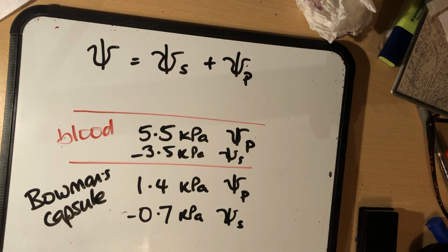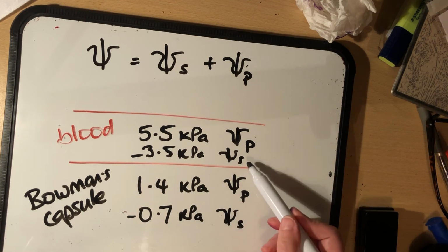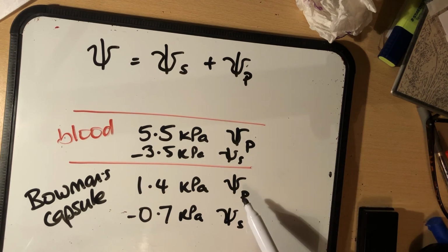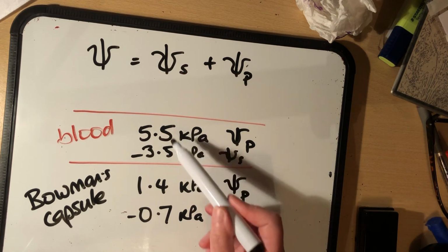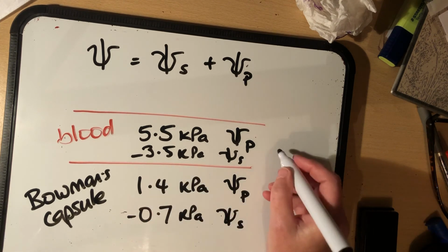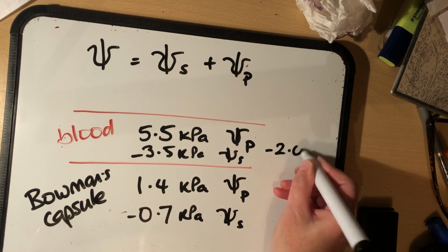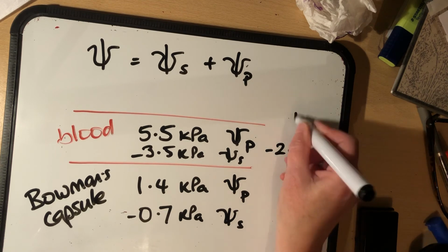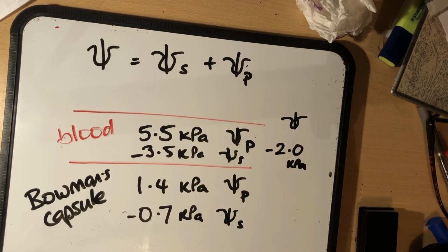So what's the water potential of the blood? Well, it's the solute potential plus the pressure potential. If we add these two figures together, remember that's a minus figure, you get 2.0 kilopascals as the water potential of the blood.